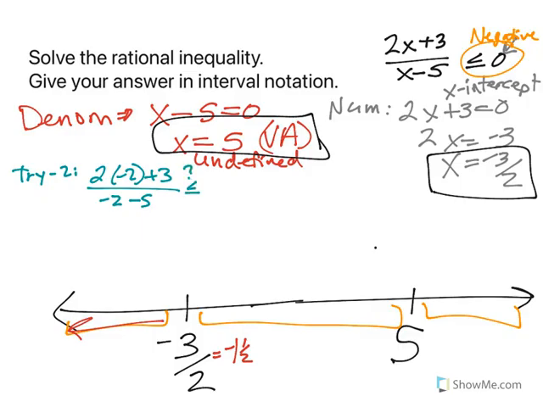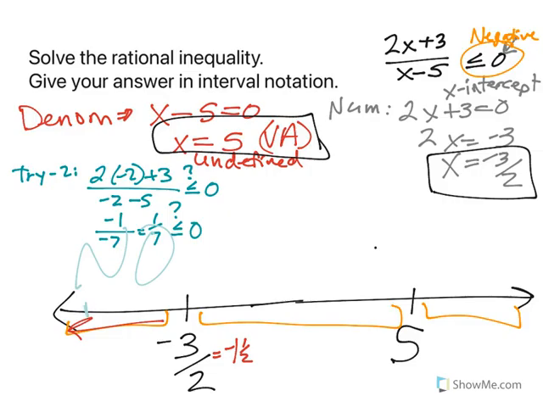We want to know, does that become less than or equal to 0? Well, in the numerator, 2 times -2 is -4, plus 3 is -1. And then in our denominator, we have -2 minus 5 is -7. That is a positive 1/7. Is that less than or equal to 0? And that answer is no.